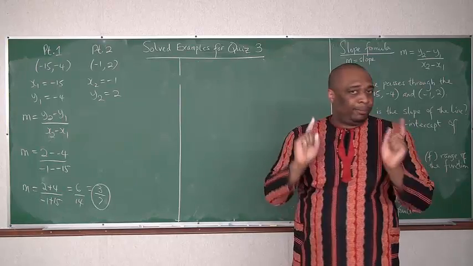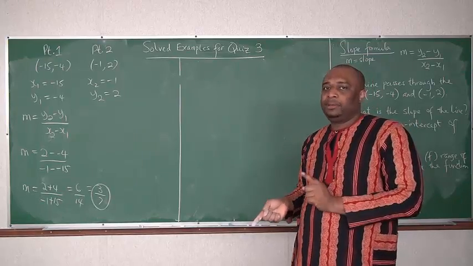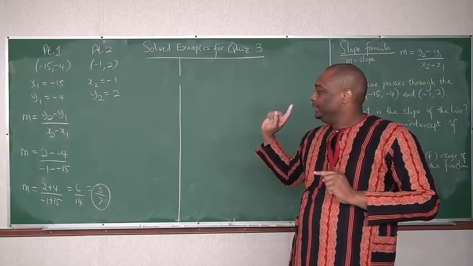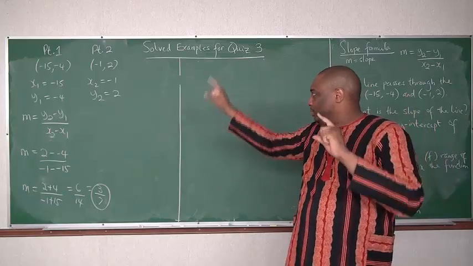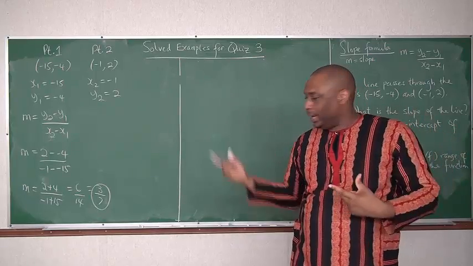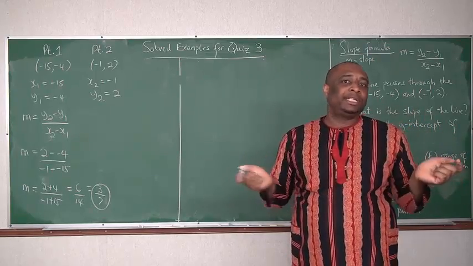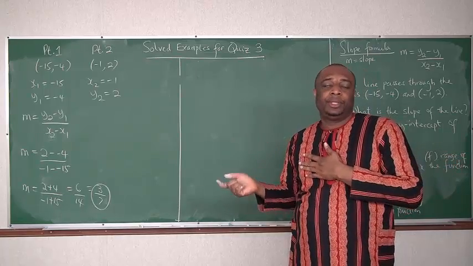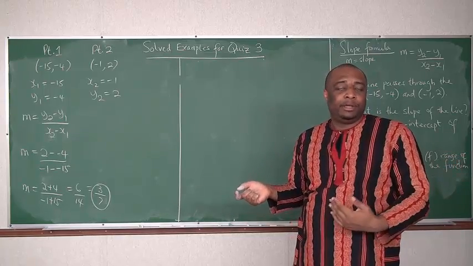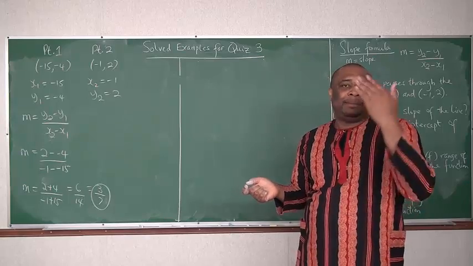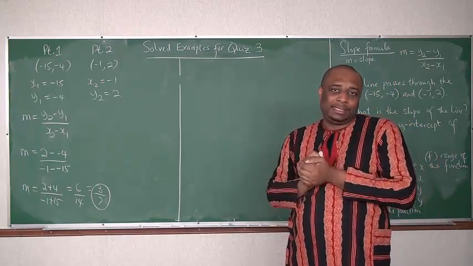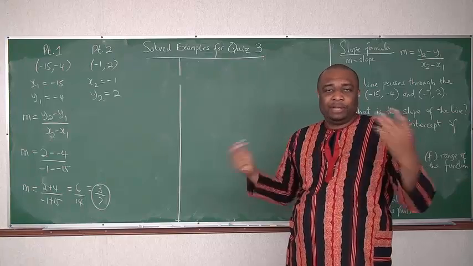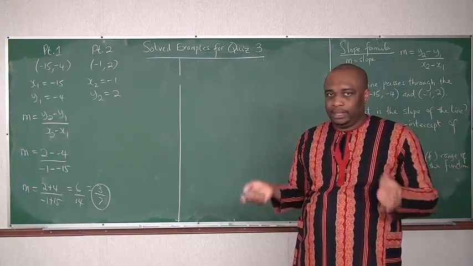So I'm going to use the point slope form. I use point 1 and the slope, get the point slope form, and then put it in slope intercept form. Once I put it in slope intercept form, my b is the y-intercept. It does not matter which point.